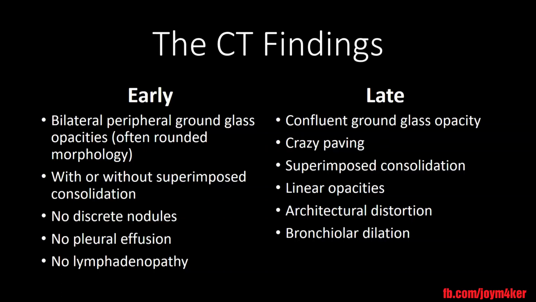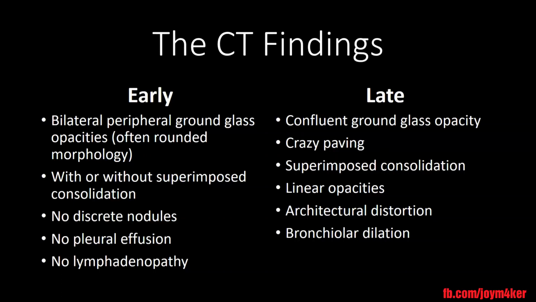Early in the disease process, the pattern seen on CT tends to be dominated by bilateral peripheral ground glass opacities. These ground glass opacities tend to have a rounded morphology, but are not necessarily nodules with well-defined margins.